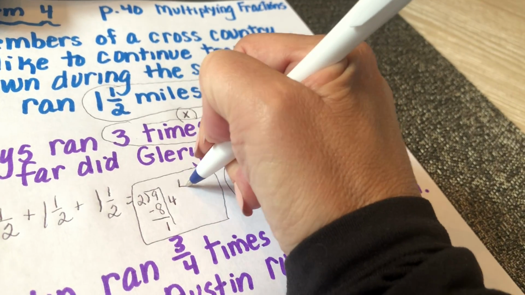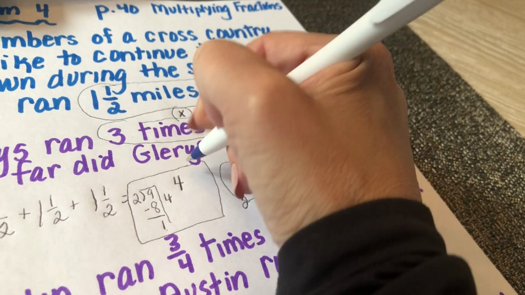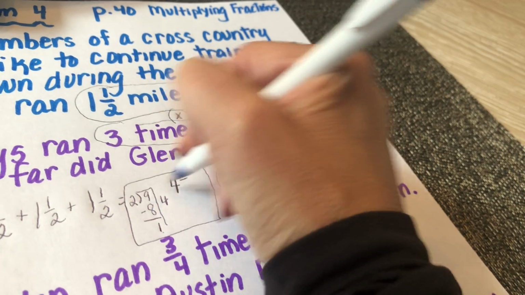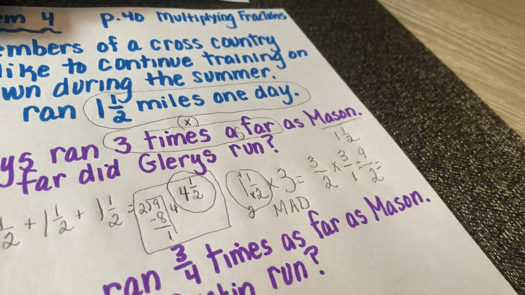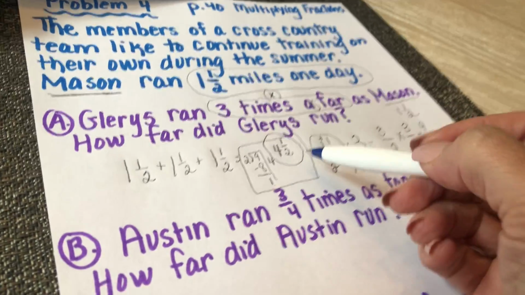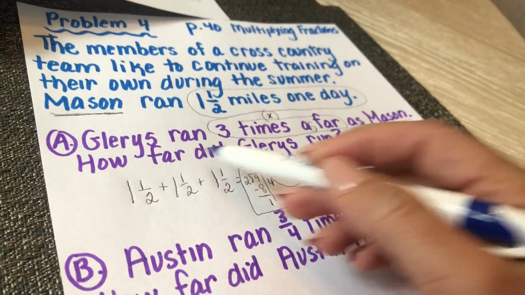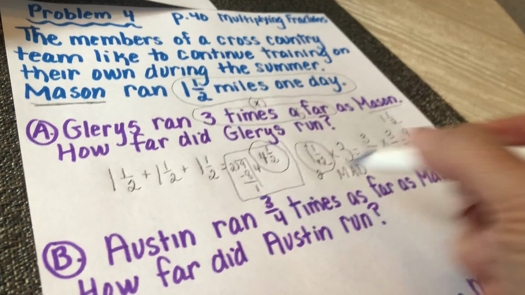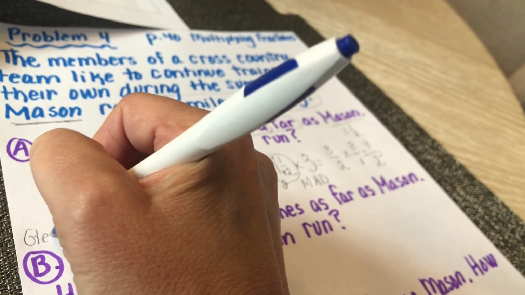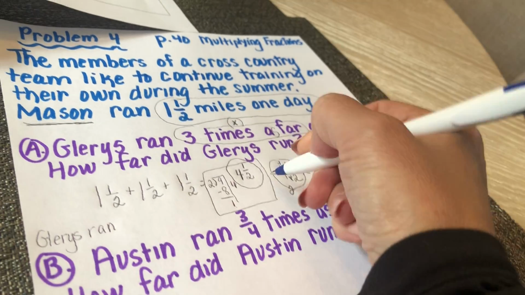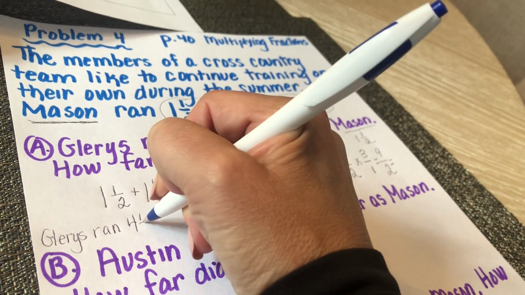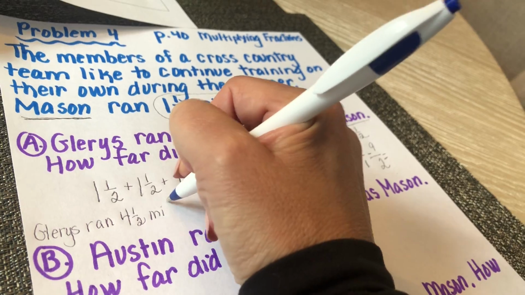I have my whole number of 4, my remainder of 1, and my divisor of 2. So my complete answer is not just 4.5. How far did Clarice run? Clarice ran 4.5 miles.